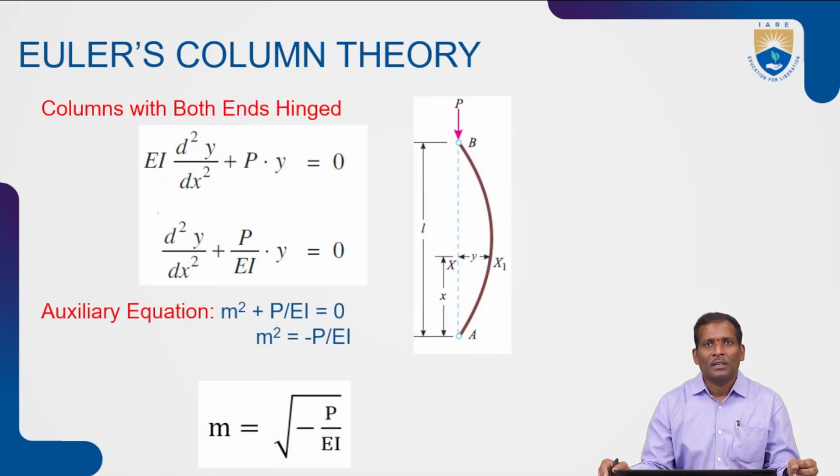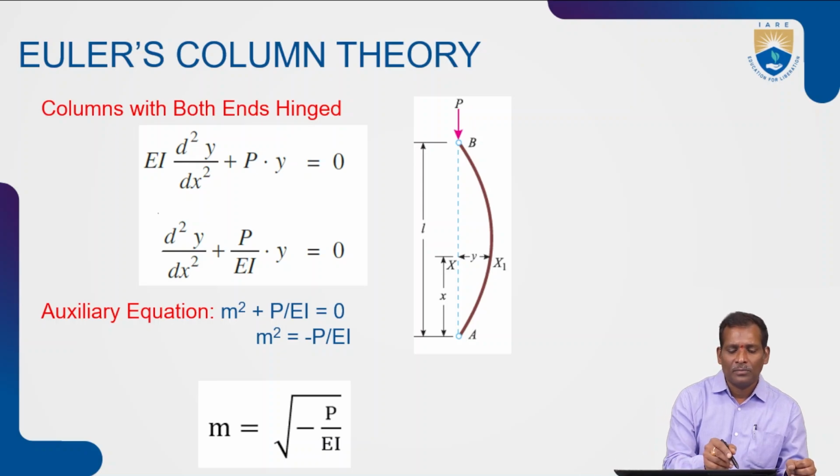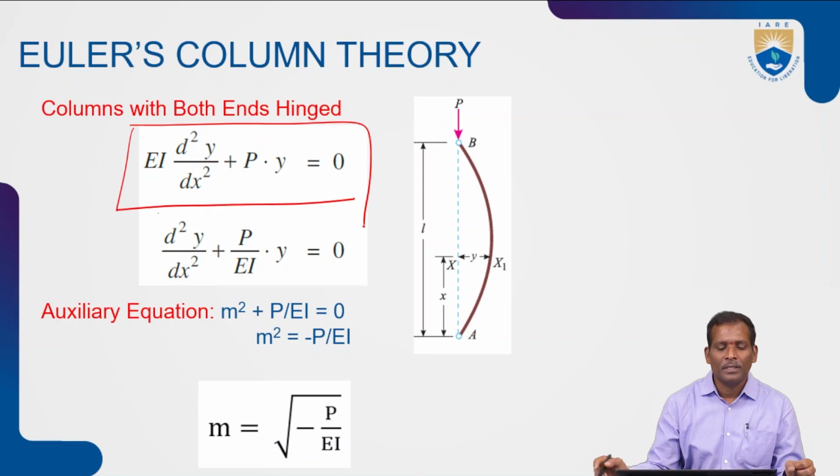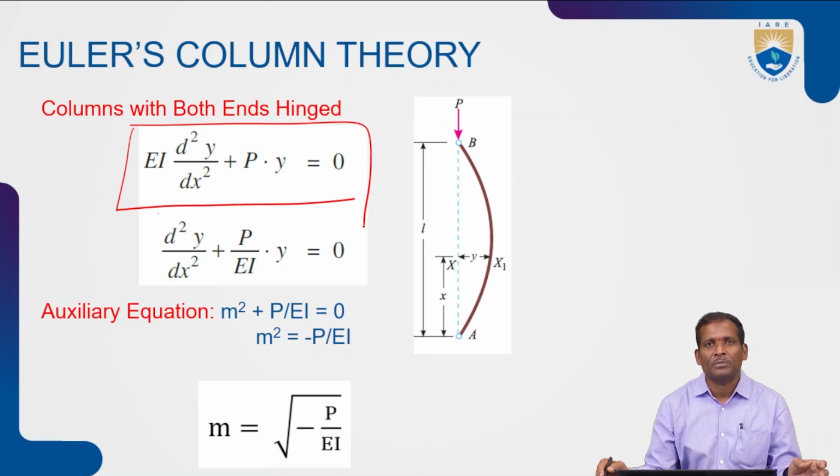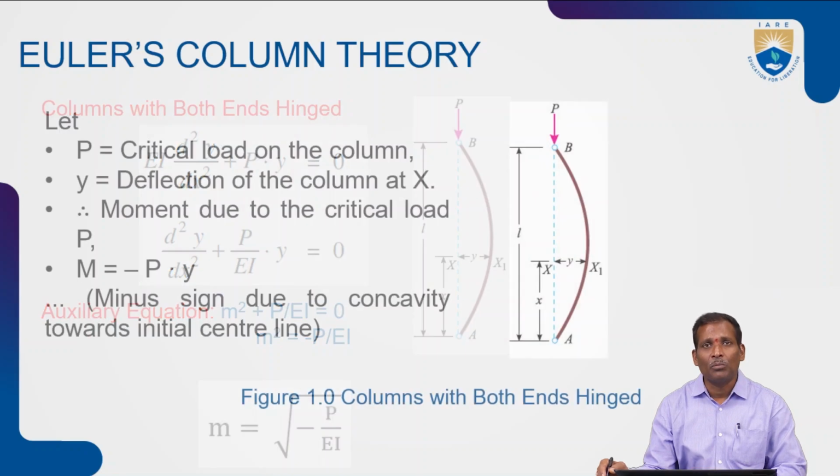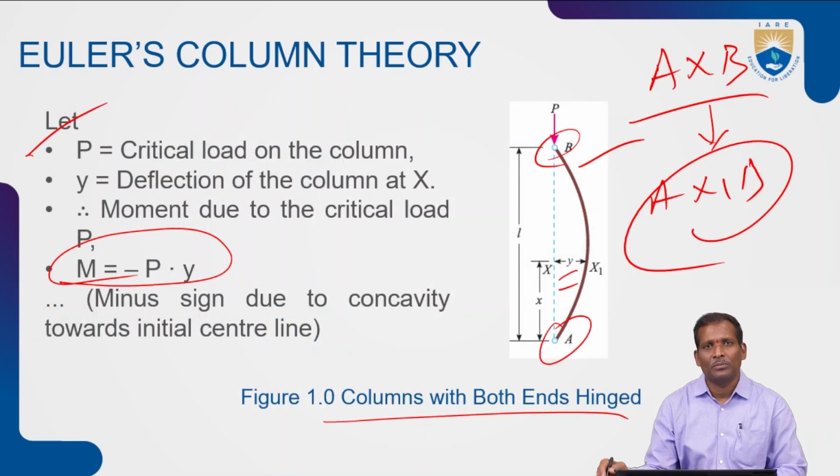See, here use the bending equation EI d square y by dx square plus P into y is equal to 0. So the deflection formula is EI d square y by dx square plus P y, where P into y is the moment due to the critical load.